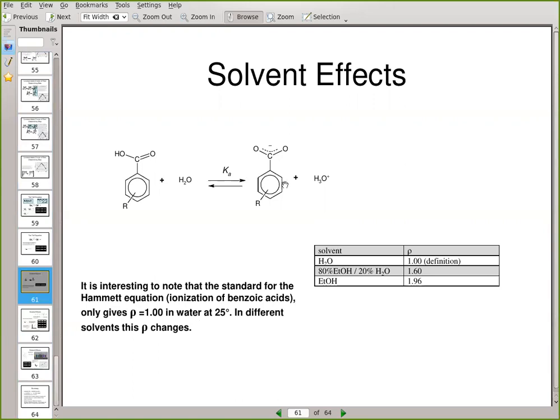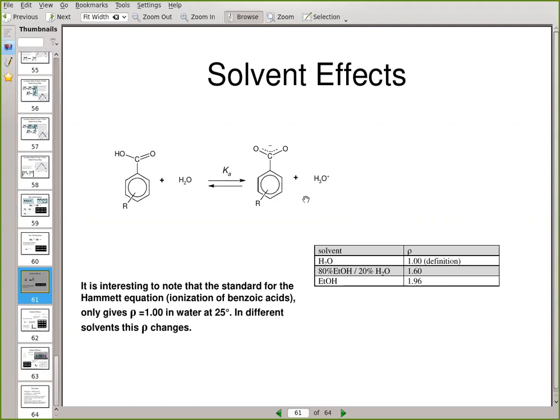And remember, to get our sigma values, you have to do the log of the equilibrium Kx over equilibrium Kh, and that gives our sigma values that fill all the tables that we use. This is the reference. This is the standard for our x-axis. This is how we obtain our sigma values, our Hammett substituent parameters.